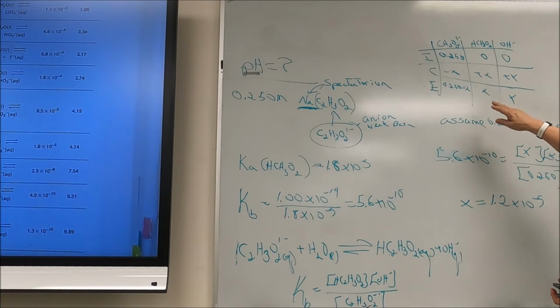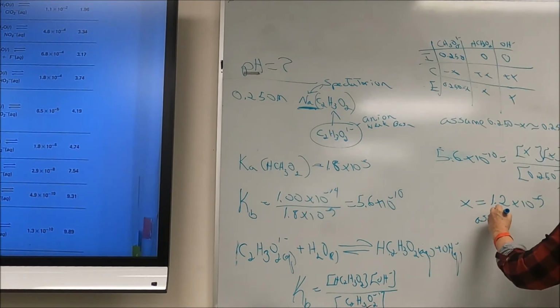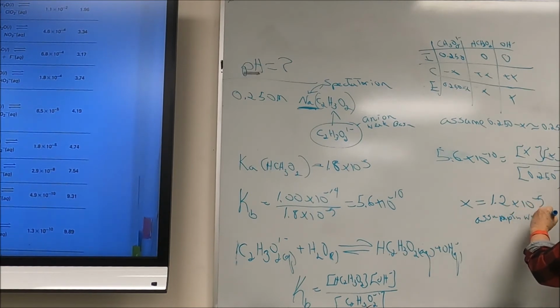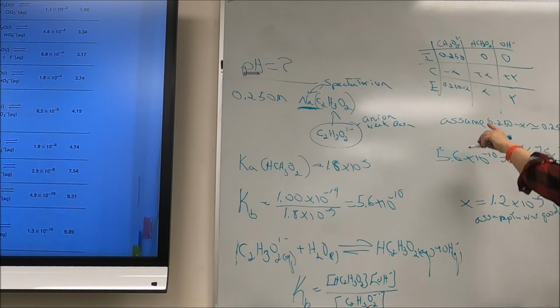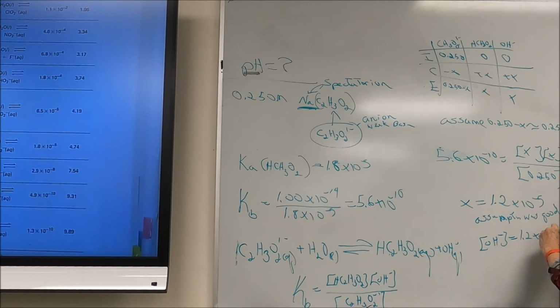I can just look at that and say my assumption is good, because if I subtract that from 0.250, I'm not going to notice it. So our hydroxide ion concentration here is 1.2 times 10 to the minus 5.